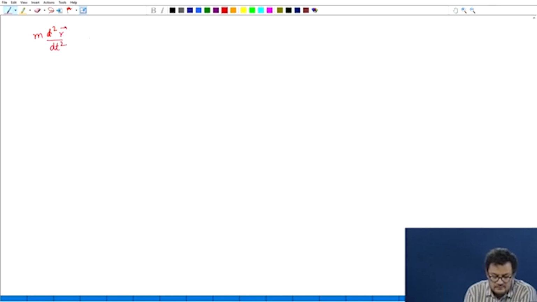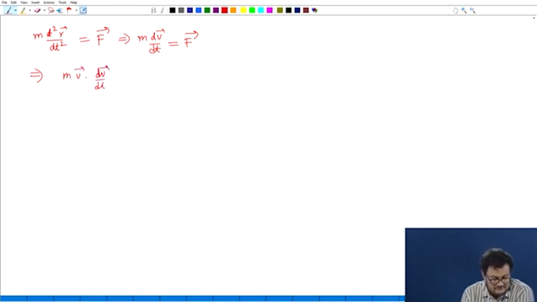Okay, which actually says m dv/dt is equal to F. Just like the previous time, you take m v dot dv/dt is equal to F dot dr/dt.